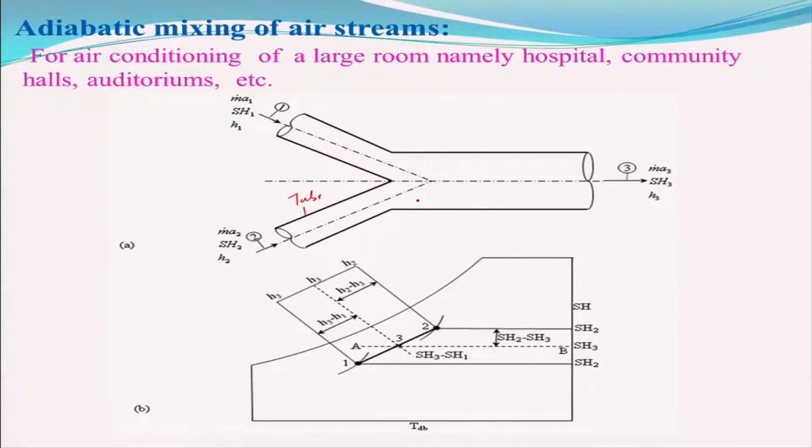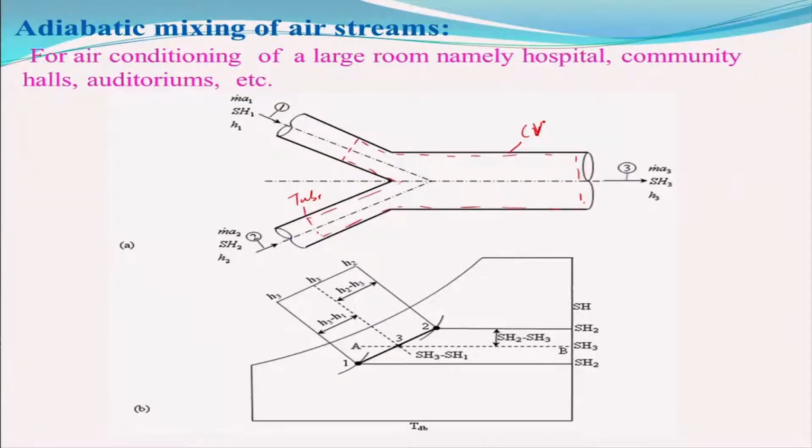They are mixed together and go out, and you can control the flow rates and specific humidities to control what you have at the exit, station 3. I need to analyze it, so I will take a control volume. This is my control volume.